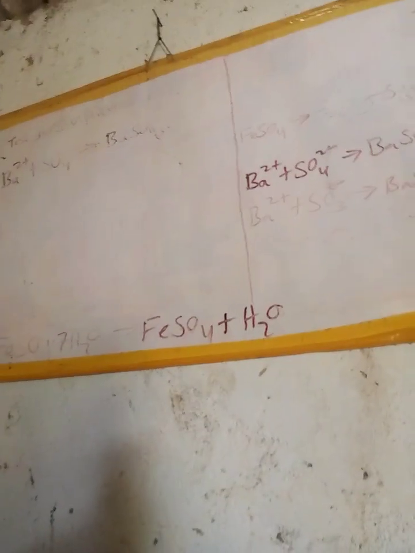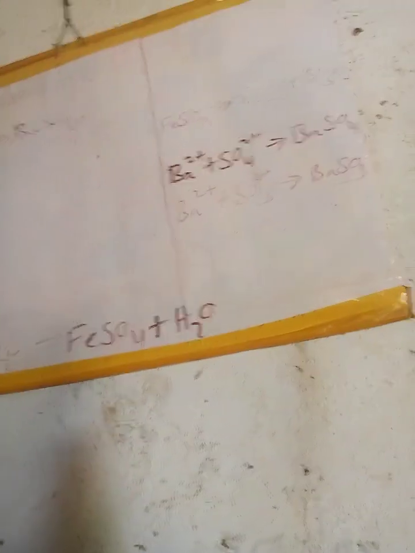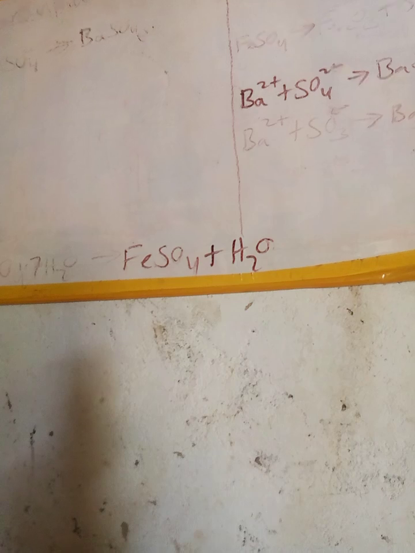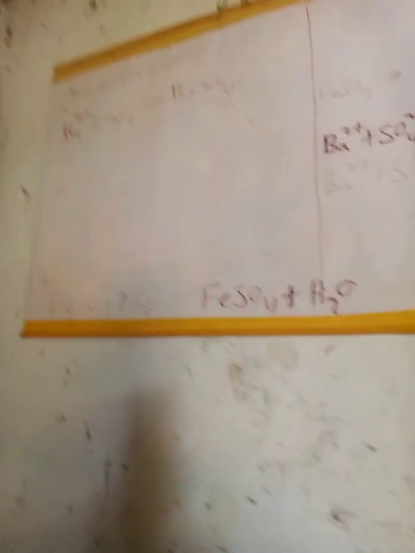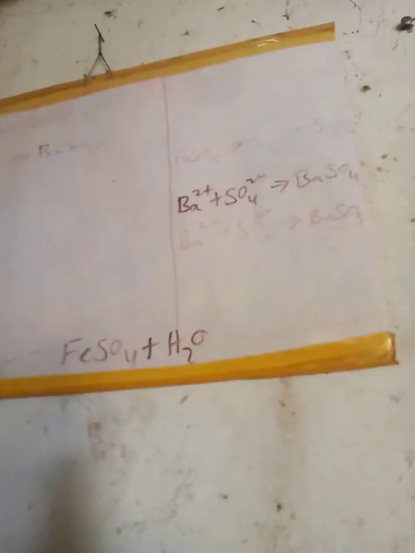Then dilute nitric 5 acid and barium nitrate solution can also be used in place of HCl. If you don't want to use HCl, you can substitute dilute nitric 5 acid. Lastly, both sulfite and carbonate form white precipitates with barium.